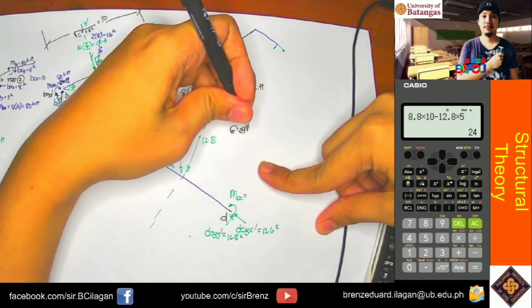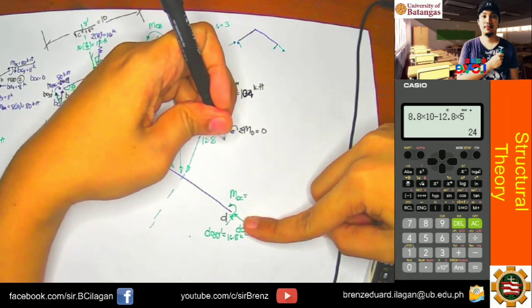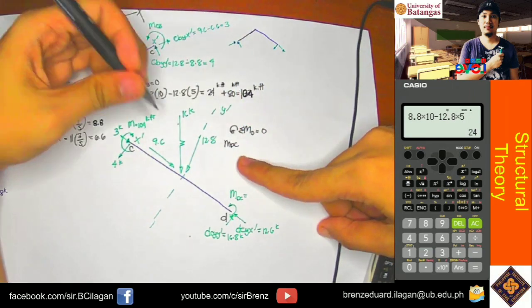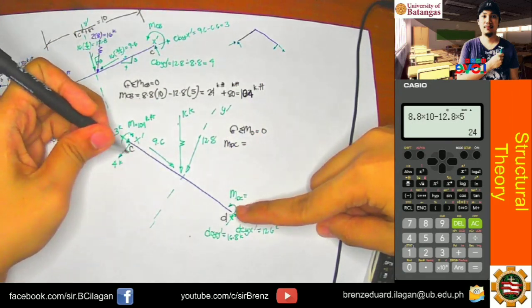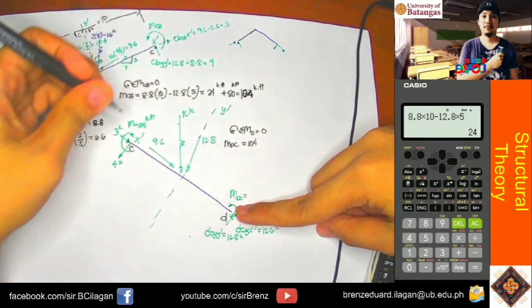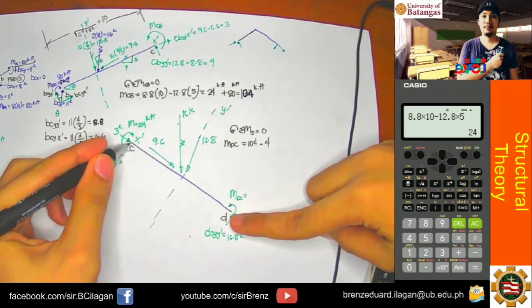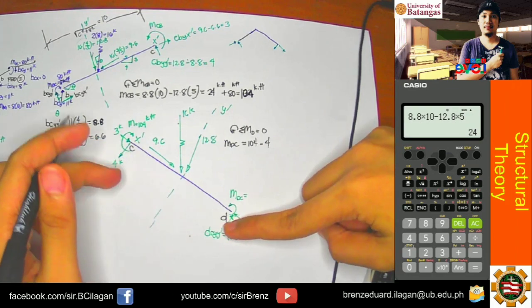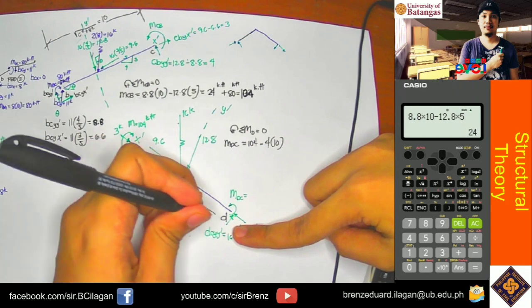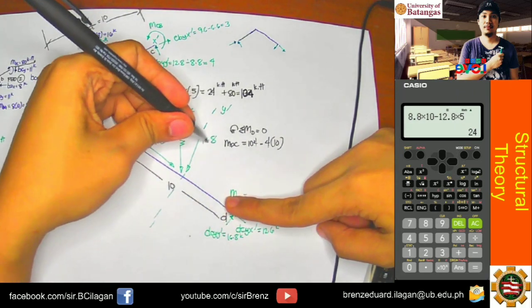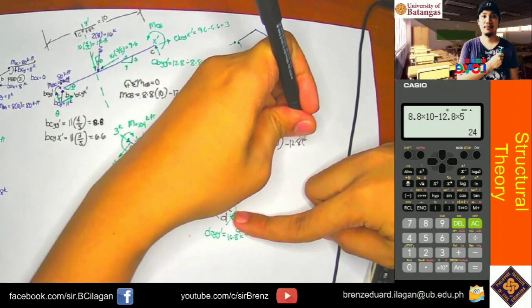Summation of moment at point D equals to 0. So we have MDC equals, sa kabila transpose positive, so 104 minus 4 multiplied by this distance which is 10, and also this 12.8 times 5.